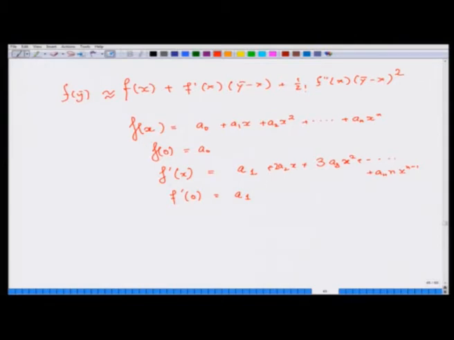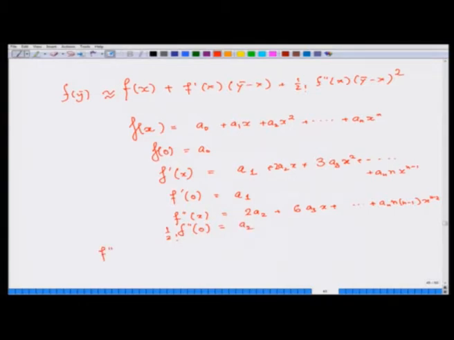Then I want to compute f double dash x. f double dash x here is 2a2 plus 6a3 x plus up to n into n minus 1 a n x n minus 2. So, f double dash 0 by 2, or 1 by factorial 2, I am just writing, you will soon see why, is a2.